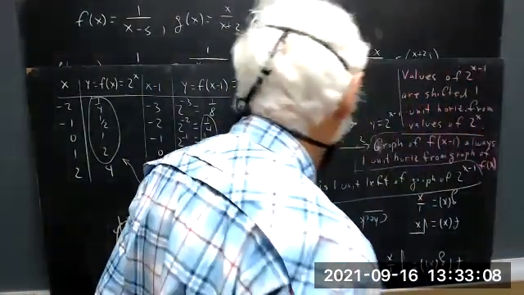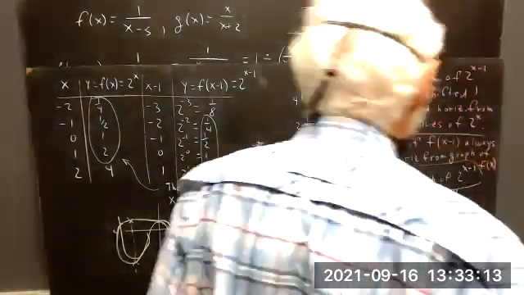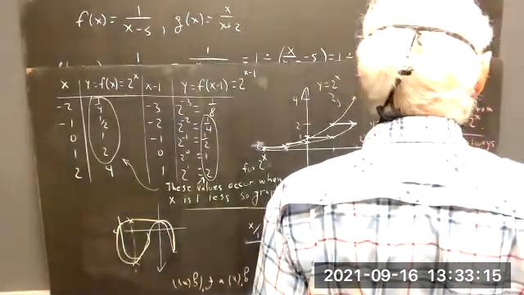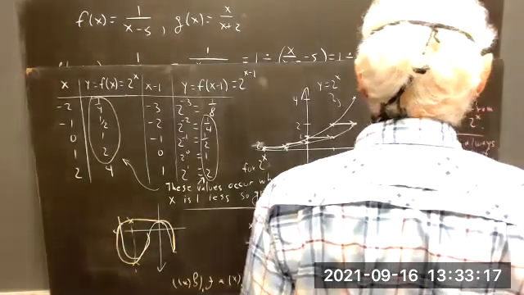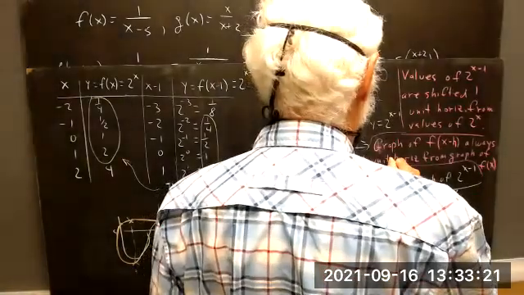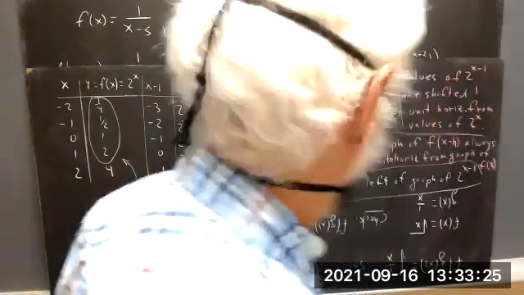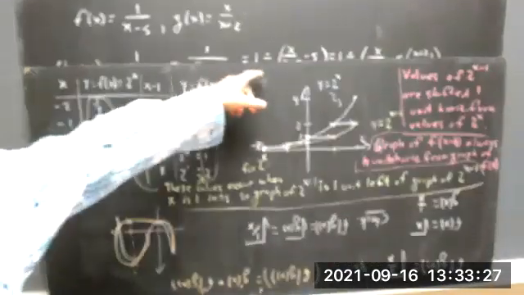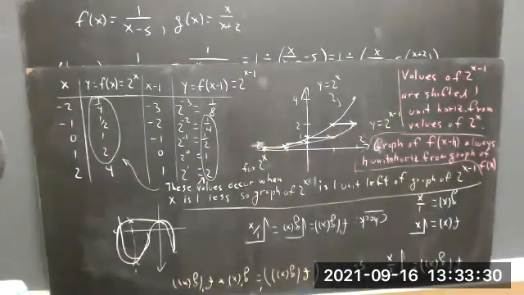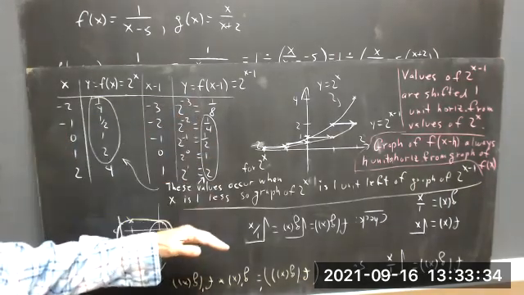And we can even extend this and say that the graph of f of x minus h is always h units horizontally from the graph of f of x. In other words, if this was 2 to the x minus 2, then these values would occur 2 units further along.